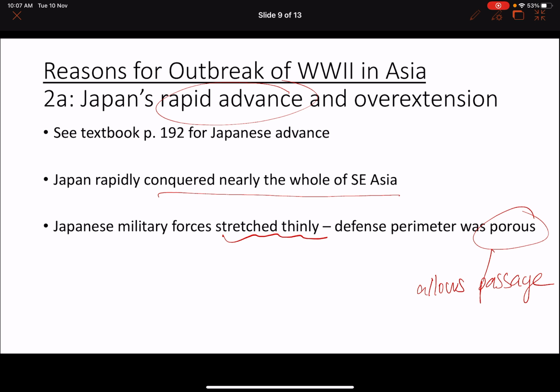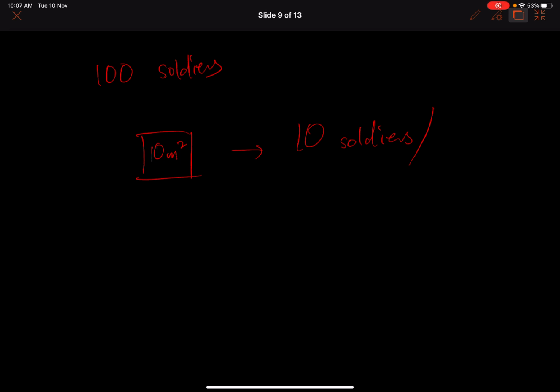Let me explain. Now, if you are the Japanese, at first you have 100 soldiers, and you only have a small piece of land, maybe this is 10 meters square. It means that you have 10 soldiers per 1 meter square. Your defense is very strong because you have 10 soldiers per territory.